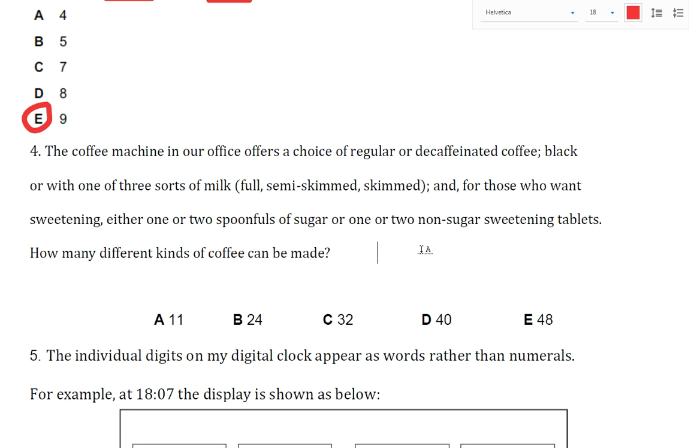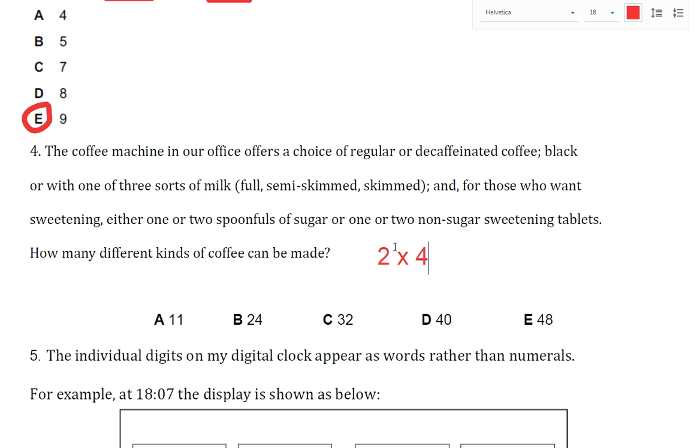All right, what most students do is they say we have a choice of regular or decaffeinated, 2 choices. Right? And you go with 1 of 3 sorts of milk, full, semi-skimmed, skimmed. Sorry, I missed: we have black or three sorts of milk.